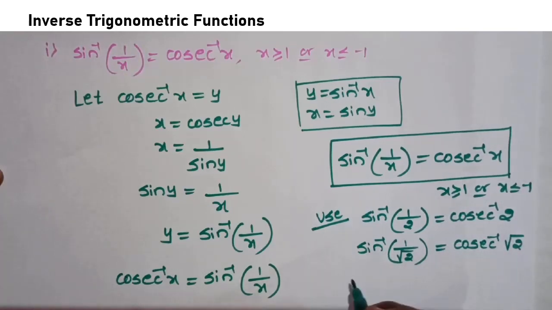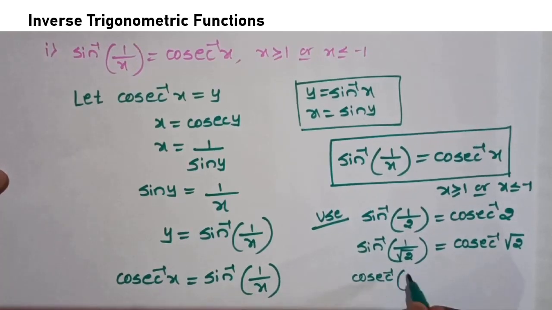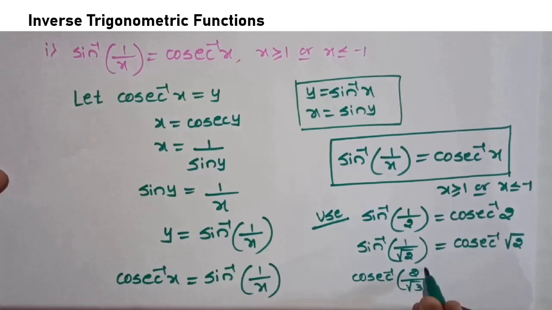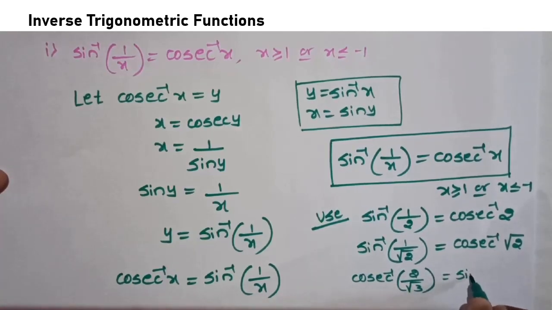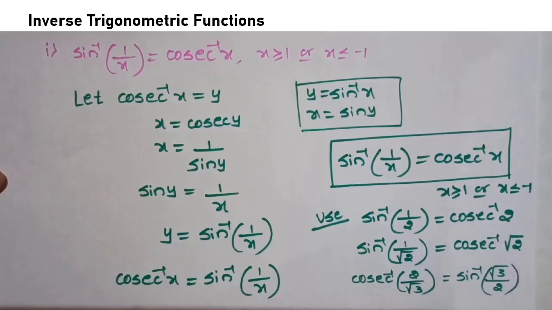Or else we can use it like this also: cosec inverse 2 by root 3 is also written as sin inverse root 3 by 2. Like this also we can use this property.